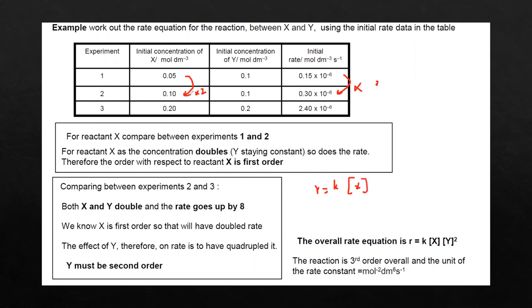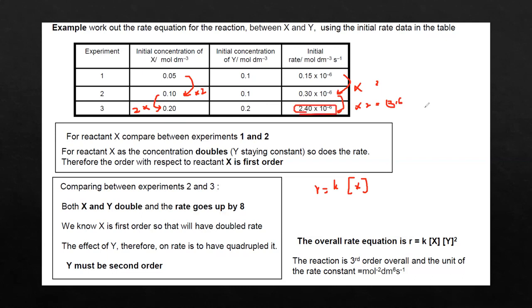Now which one should we compare? Because in experiment 3, X is also changing and Y is also changing. So what we can do: if X is doubled, the rate will be doubled. So double of 0.3 will be 0.6. And then that 0.6 becomes 2.4.